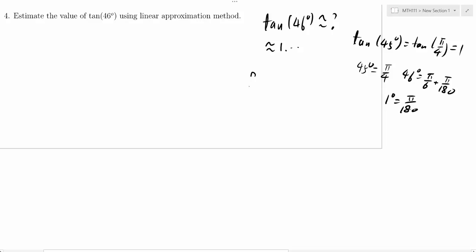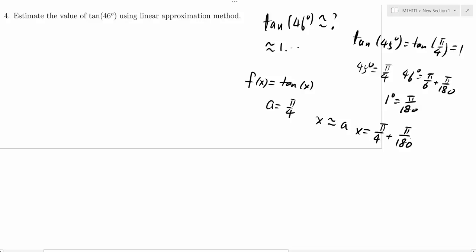So f of x is tangent x, and the point a is pi over 4. And x has to be around a, so x is pi over 4 plus pi over 180.